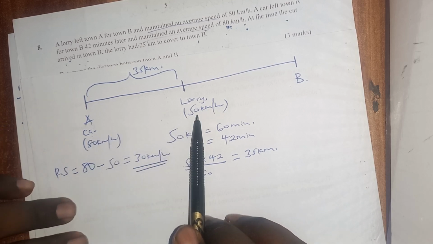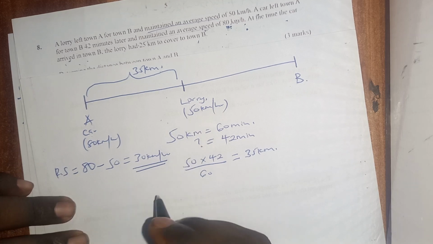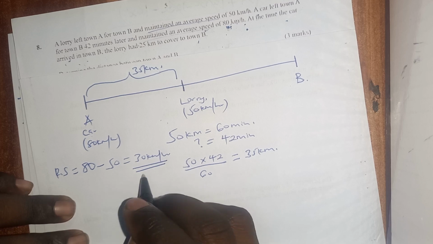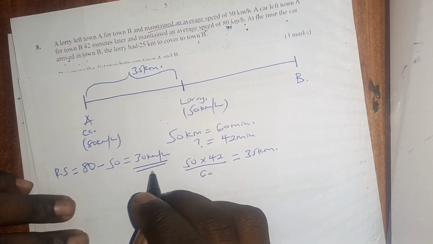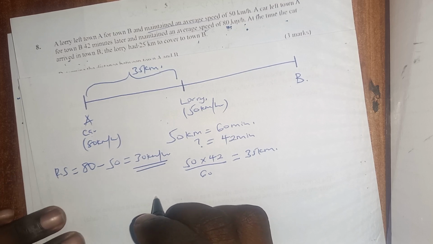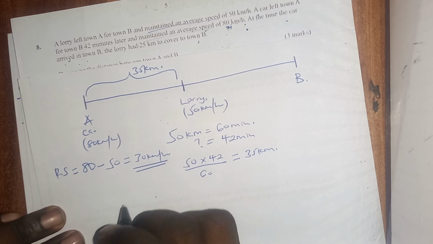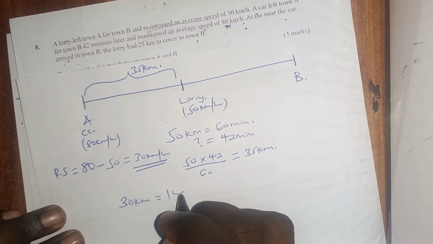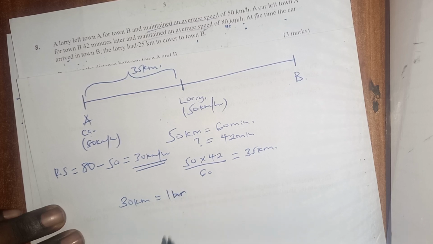Okay, so we say that the relative speed is 30 kilometers per hour. So how do we do this? We say that the speed of 30 kilometers is covered in 1 hour. This is the relative speed.